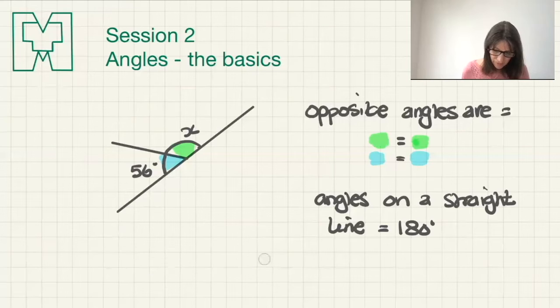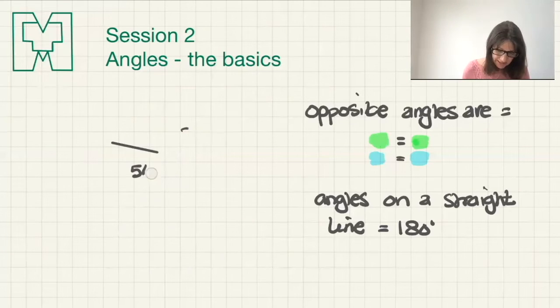So our next rule, I'm going to completely clean this up now. Our next rule is angles around a point. So I'm saying to you, we've got a point here, okay? And I've got one angle that's going into that point at the moment. If I draw another line going into that point, let's do that.